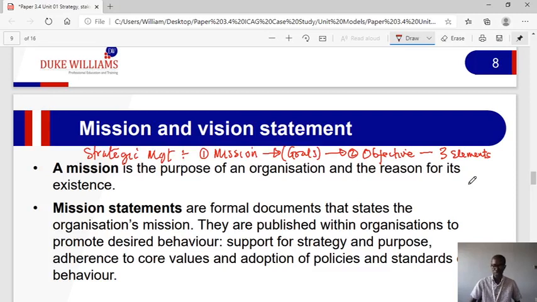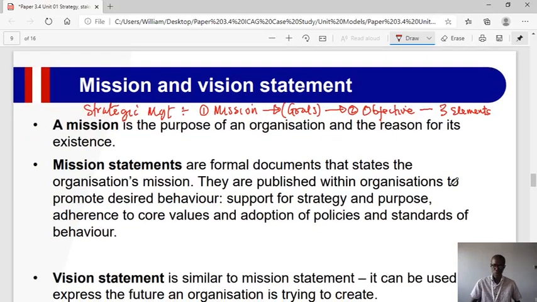But when we put it in a formal document, we are moving on to what we refer to as mission statements. They are formal documents that state the organization's mission.